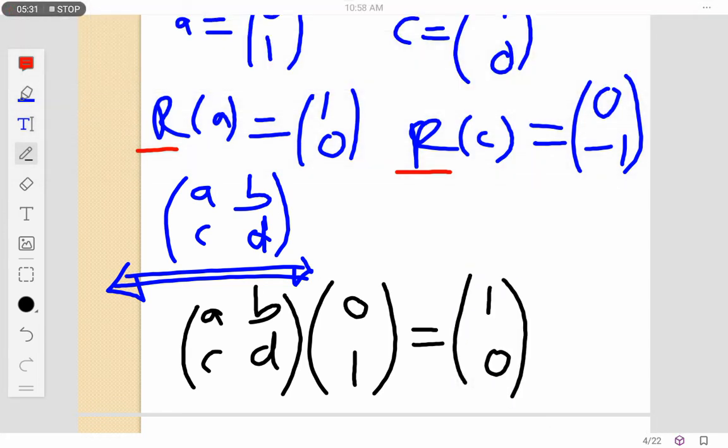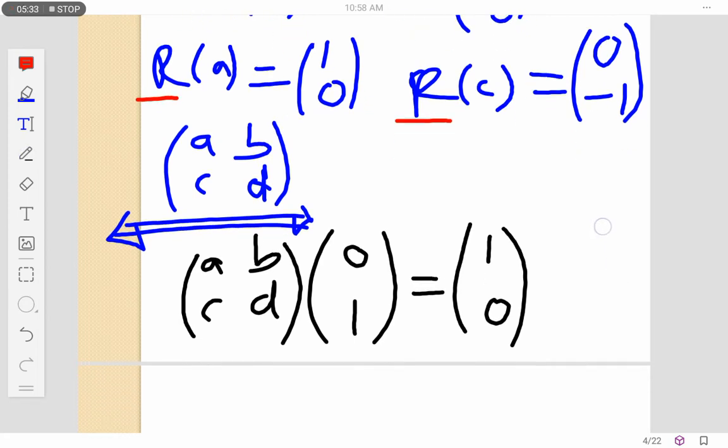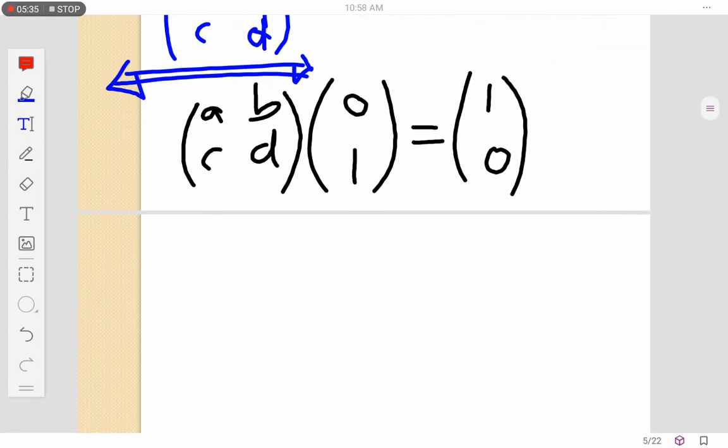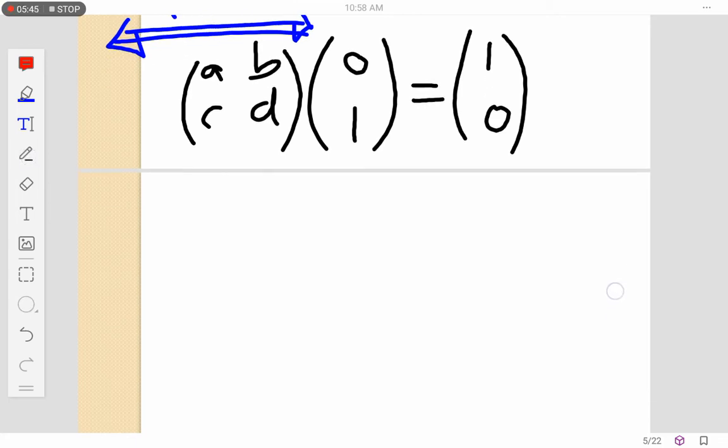Now we can do our row by column matrix multiplication and see what we get.